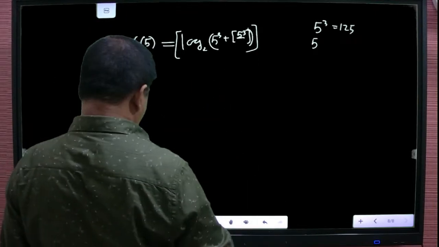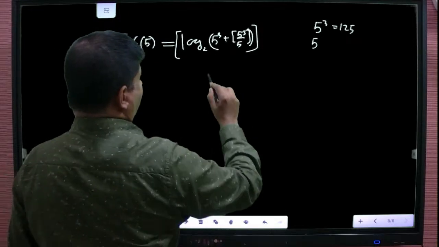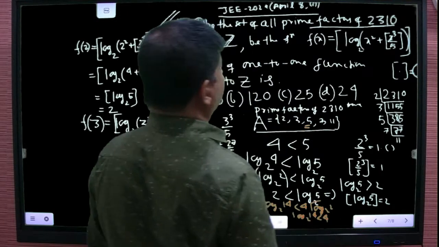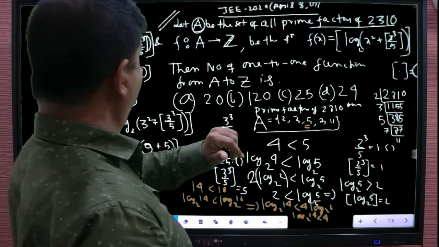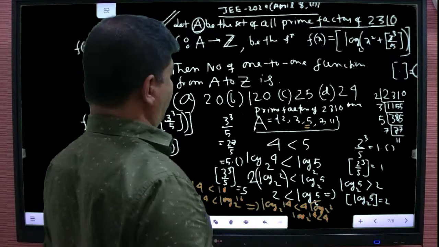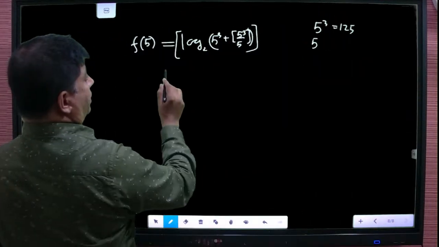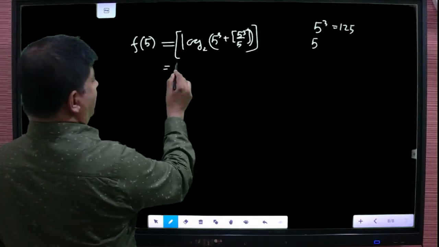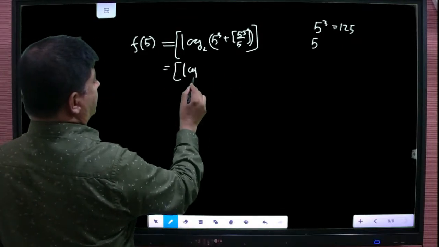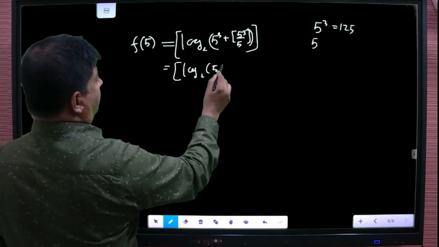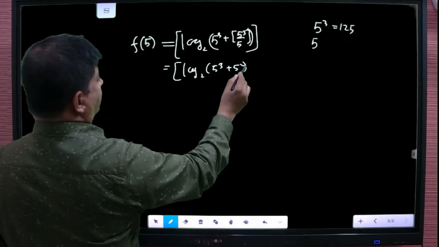Observe the question: x cube by 5. So 5 cube by 5, it is nothing, the same value will be placed. 5 cube plus 5 square.